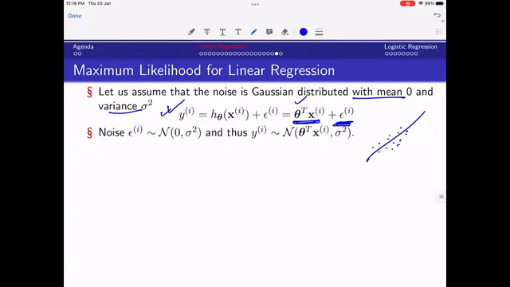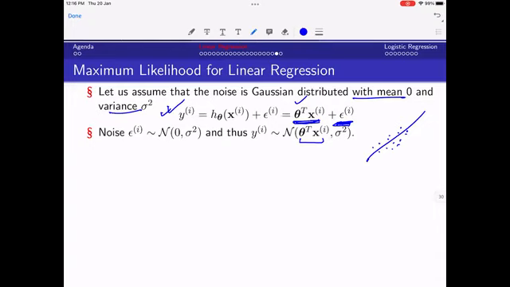This comes from standard results for Gaussian random variables: if you add Gaussian noise to a deterministic quantity, the output also becomes Gaussian, where the mean is the deterministic quantity you are adding it to, given the mean of the Gaussian noise is 0. Otherwise, the two means just get added.